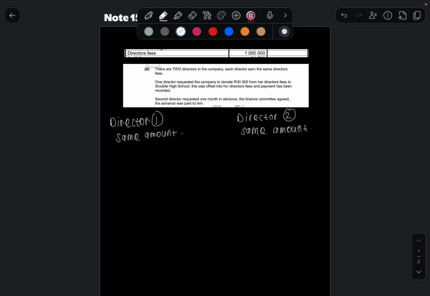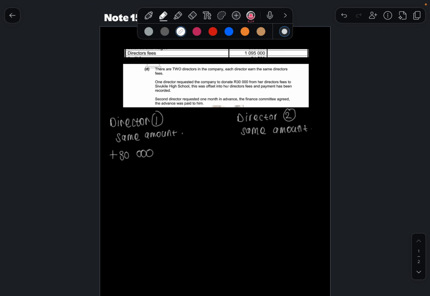However, this is from the director's own amount. So the company took her income and donated it to the high school, right? Now we have to take it back to show that we paid the director. However, she decided to donate the money, her own income.